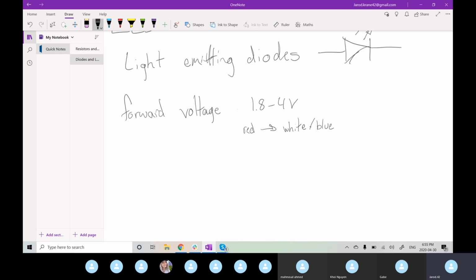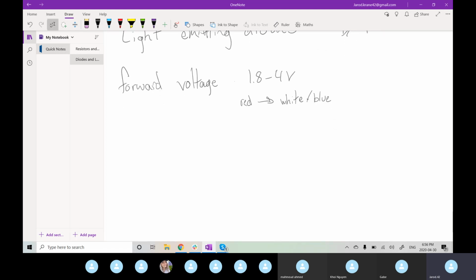The thing to note about LEDs as opposed to general diodes is that they also have a current limit. So your typical LED will have a current limit of 20 to 30 milliamps is typical.